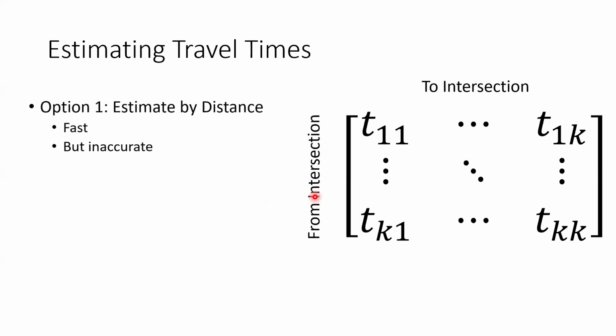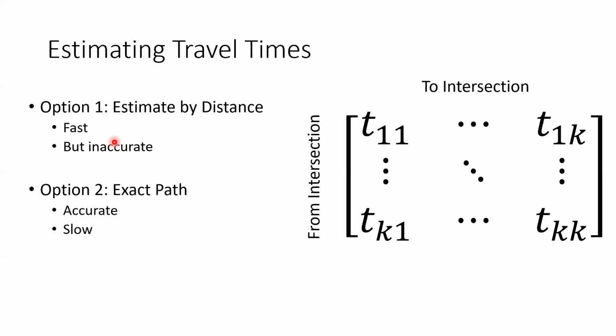Option 1, estimate by distance. For each of the interested intersections, you can just compute their distance in space. This is fast because it's just one single math calculation, but inaccurate because it doesn't take into account any path information.